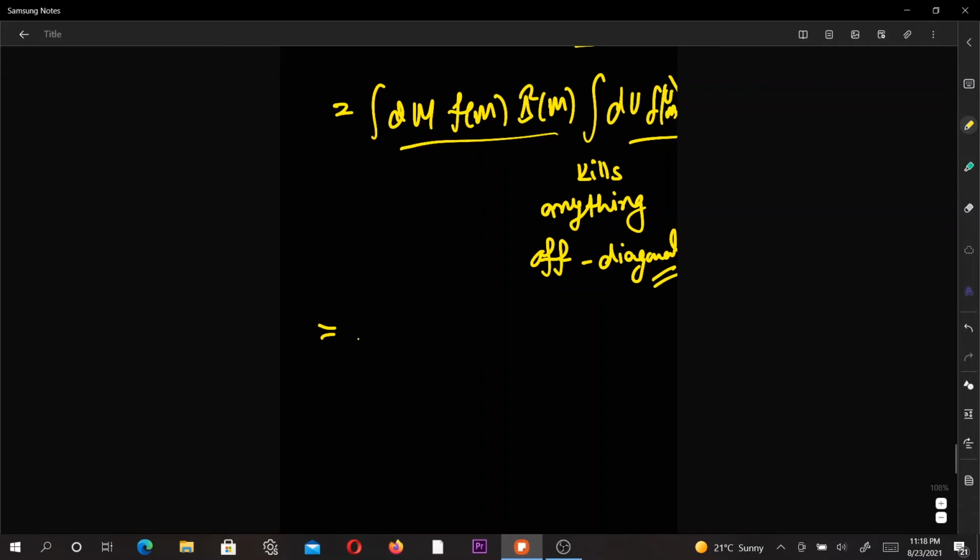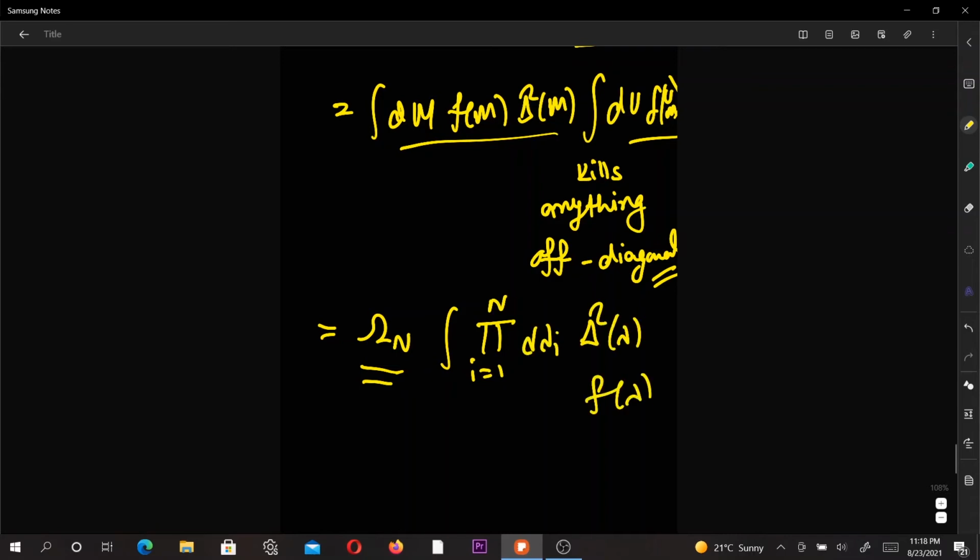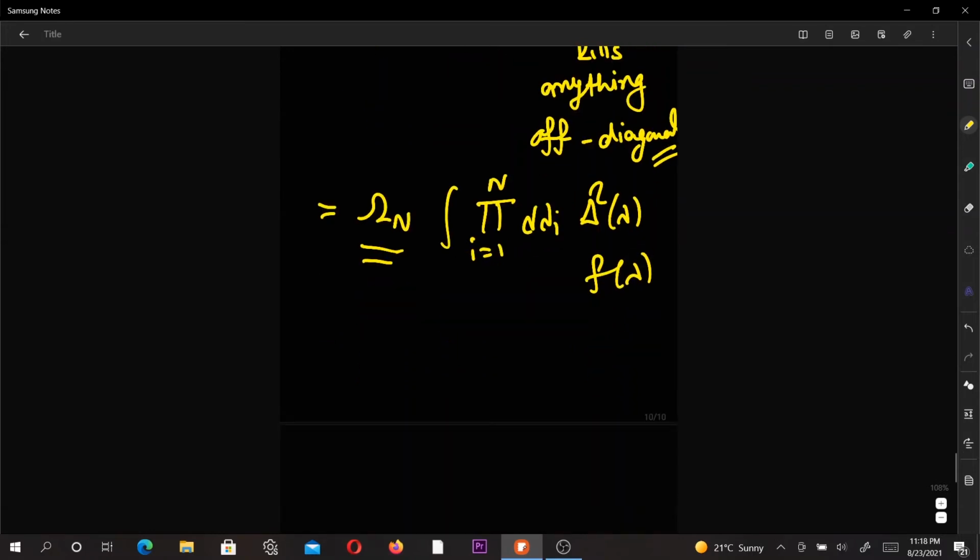So what does that mean? I'm coming in a bit to what this is. We get the integral over lambda of f of lambda. Or you can write it in terms of this matrix as well. It's the same thing, because this matrix is just diagonal.